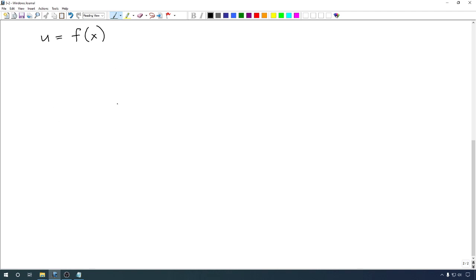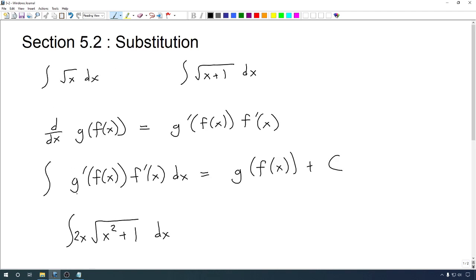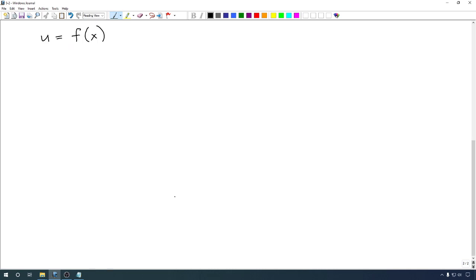Then in our integral, we have g prime of u, but then we also have this stuff here. What is this stuff at the end? Well, this is actually something we've seen before. It's what we call the differential. Remember, anytime we have a variable equals a function of another variable, we can differentiate that function and get the differential.